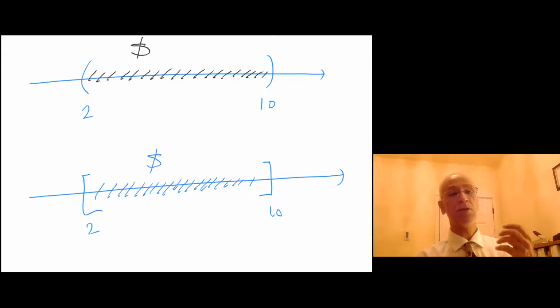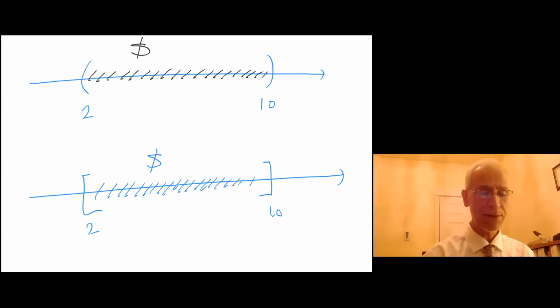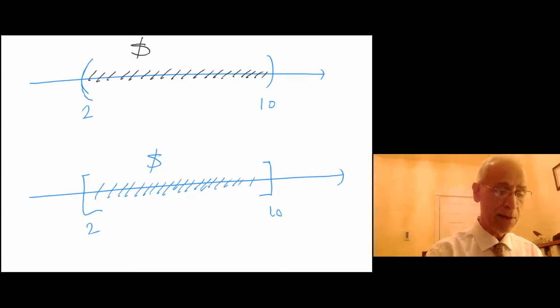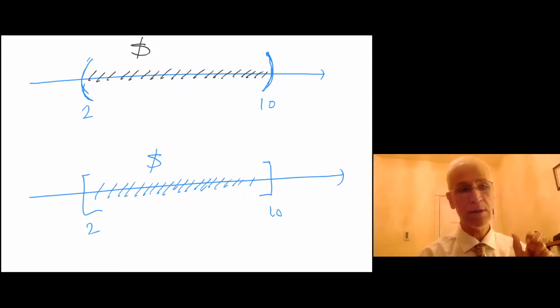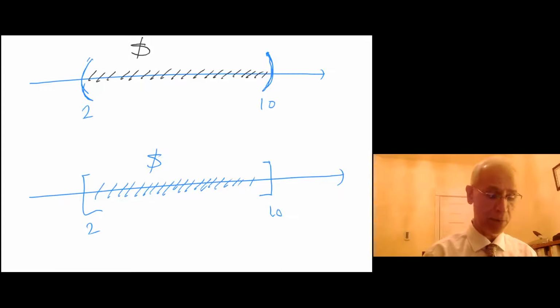So if you check your money, you can have as little as exactly $2 and as much as exactly $10 and everything in between. So when we have parentheses, the end parts are not included. But when we have brackets, the end parts are included.